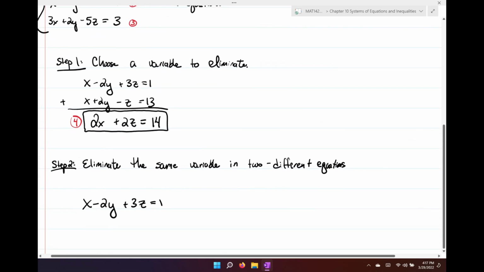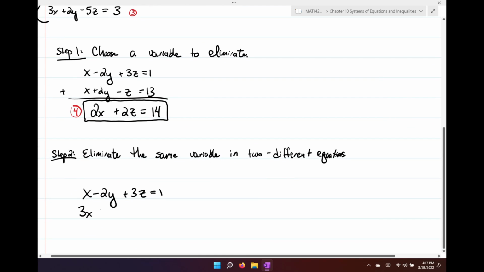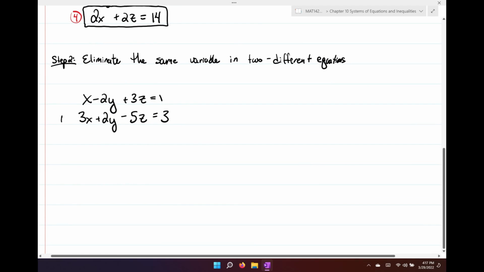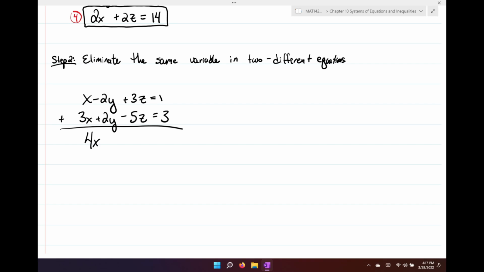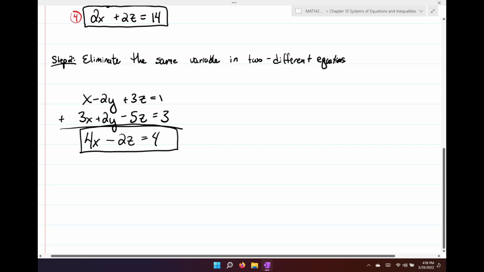And then equation 3 is 3x plus 2y minus 5z equals positive 3. So I'm looking for, like I said, opposite signs, same number. So we're going to add these together. x plus 3x is 4x. Negative 2y plus 2y is 0. 3z minus 5z is going to be minus 2z. And that's going to equal 4. So here, I have equation 5.